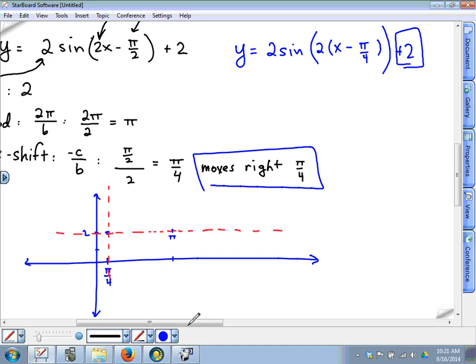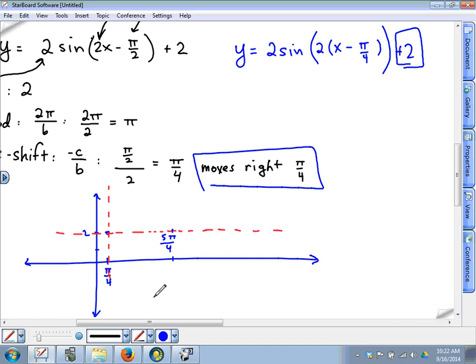Because I started at pi fourths and went a distance of pi on the new x-axis. On the original x-axis, we already started at pi fourths. Went over a distance of pi. Pi plus pi fourths is 5 pi fourths. So we really ought to call this 5 pi fourths because that's really the location.